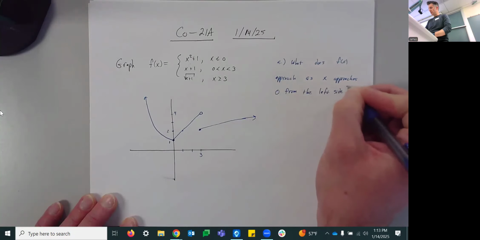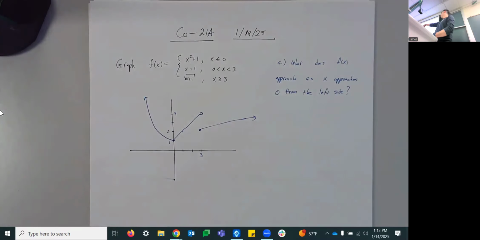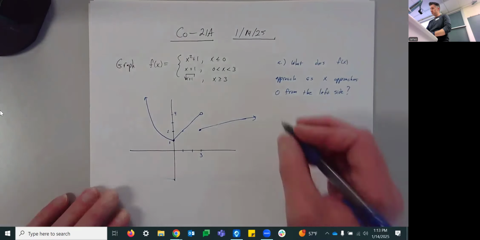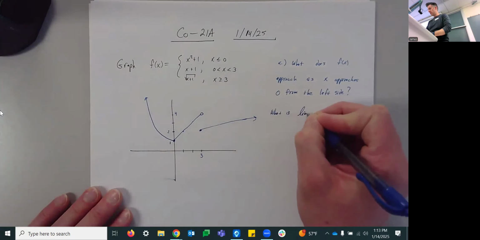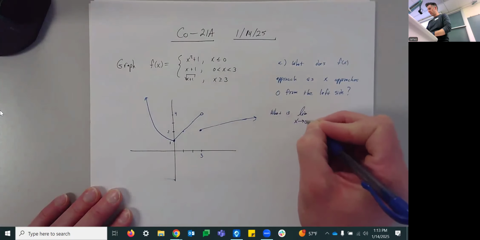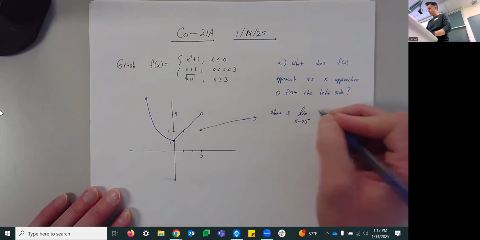Well, that's a lot of words to write to ask that question. A much more mathematical way of writing this question is, what is the limit as x approaches 0 from the left-hand side of my function f of x?